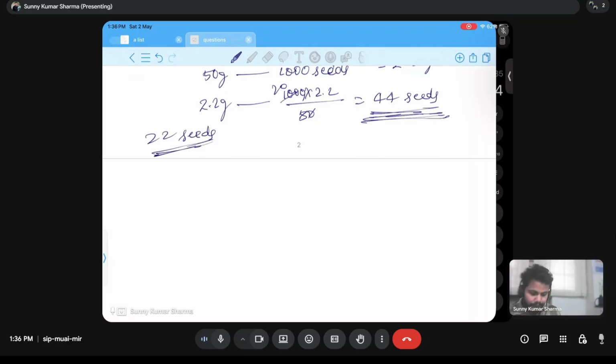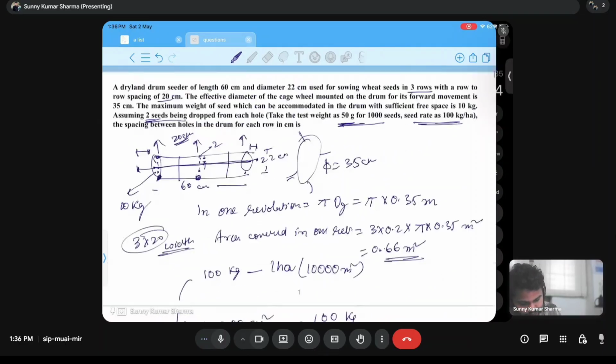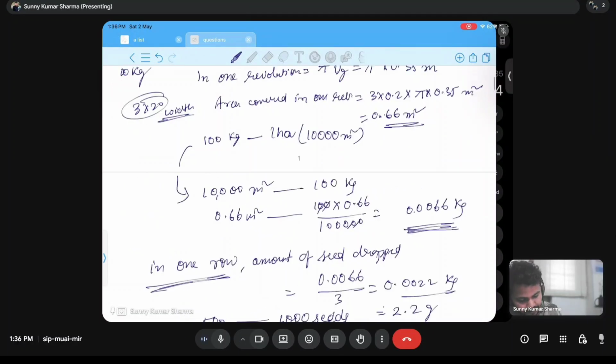So what will be the spacing? 22 holes are there, which are dropping 44 seeds. And these 22 holes are on our drum seeder, which has a diameter of 22 centimeter.